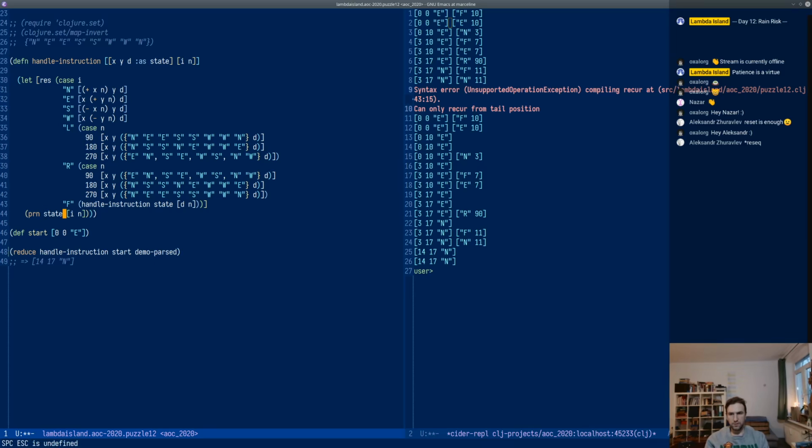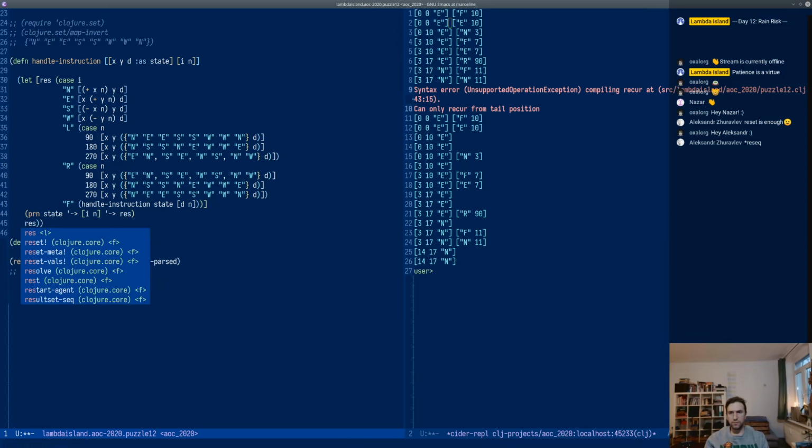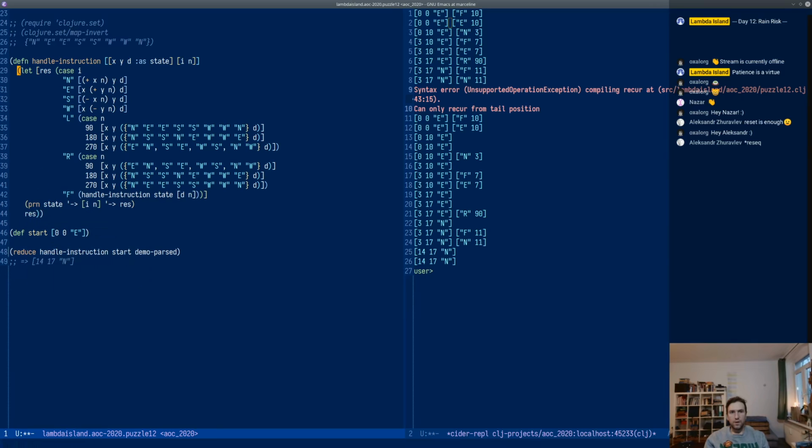State, process this instruction, and then the result is result, and we return result. Well, yeah, we're handling a forward, which means handling east 10. Oh yeah, no, it does make sense. It does make sense. It's the recursion that is kind of changing the output to be a little less obvious.